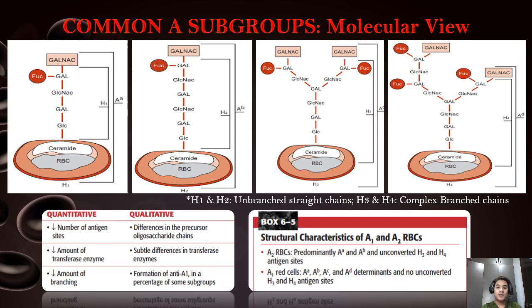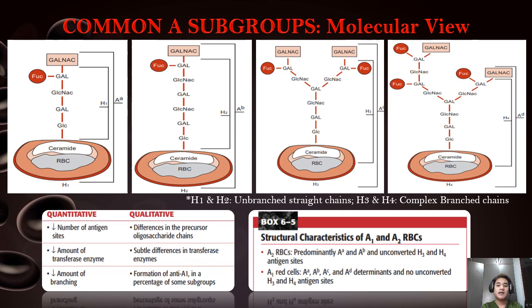So both A1 enzyme and A2 enzyme can efficiently convert H1 and H2 antigens into AA and AB determinants respectively. However, the A2 enzyme was recorded to be remarkably less efficient as compared to your A1 enzyme.